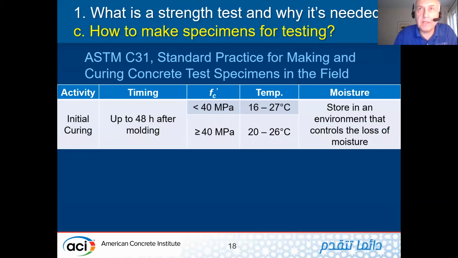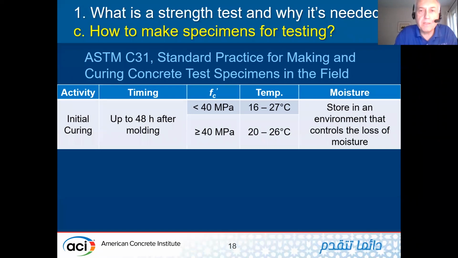The next thing that ASTM C31, the standard practice for making and curing concrete test specimens, discusses is the initial curing. The timing is defined for initial curing as the initial 48 hours after molding.